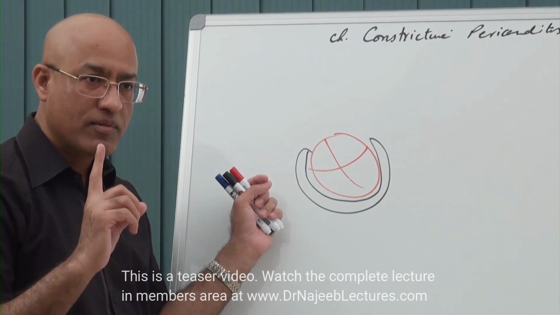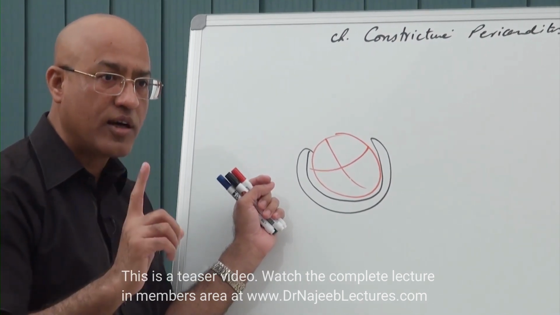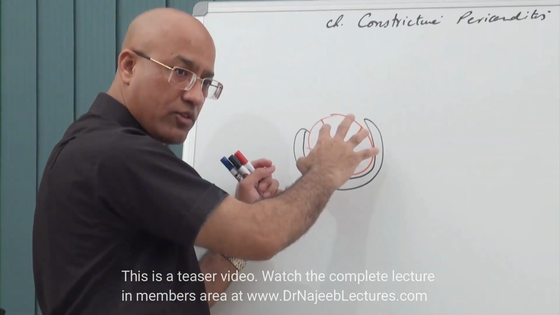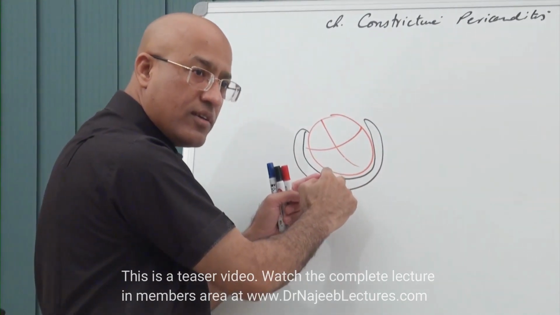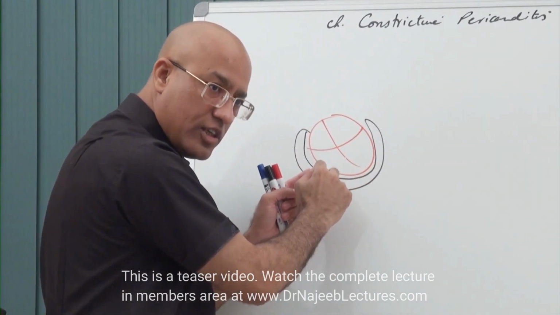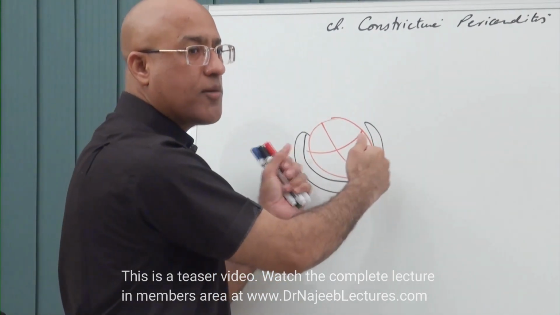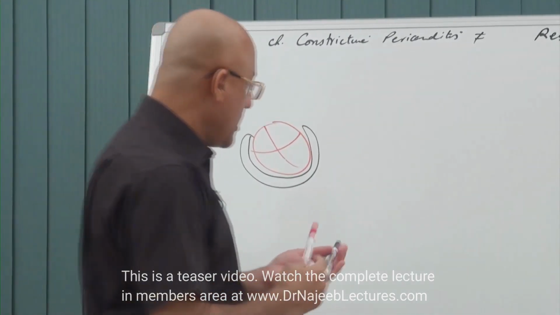What I'm saying is that normal healthy pericardium does not hinder the filling of either ventricle during diastole, as it has some elasticity, or we can say stretchability, or significant compliance.